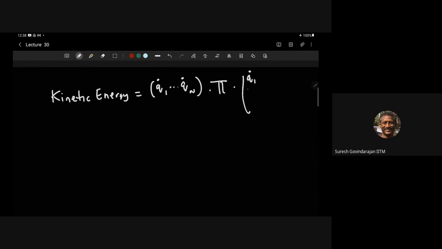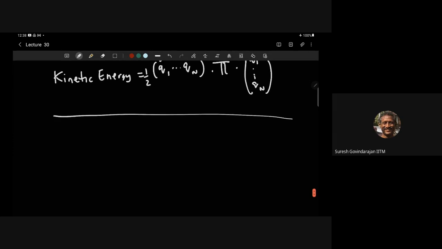Then the kinetic energy can be written nicely as a matrix: a row vector, T, column vector. Now let's write the Euler-Lagrange equations of motion.